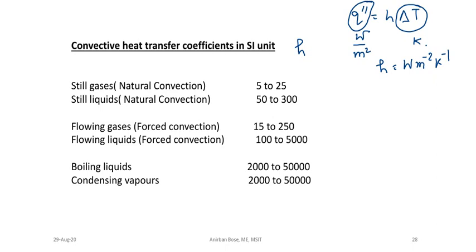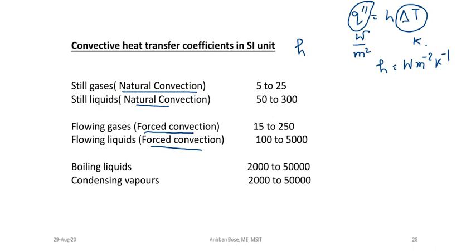In this unit these values are given here. You see natural convection and forced convection. Already we have mentioned what we mean by natural convection and forced convection. If you remember, forced convection is the convection phenomenon that occurs because of some external agency like a pump, fan or blower creating the fluid motion.